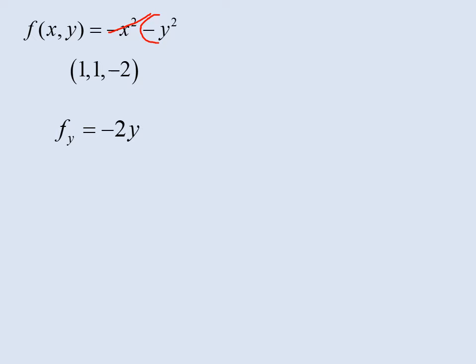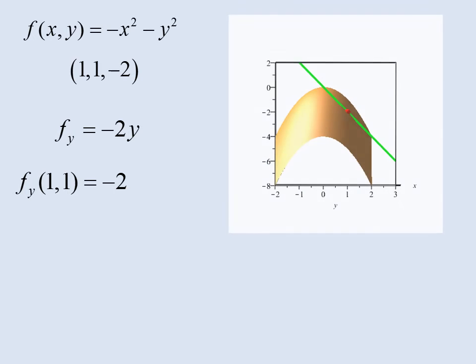The derivative of this term with respect to y would be negative 2y. Plugging in the 1 for y, we get the slope in the y direction of negative 2. Here's a graph of the slope in the y direction. Again, you can see we're looking along the y, z axis.